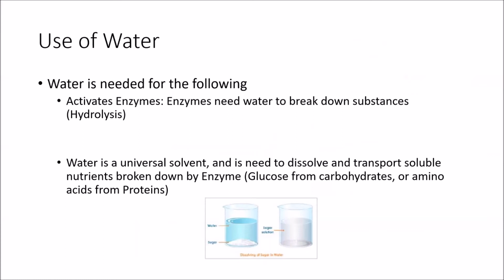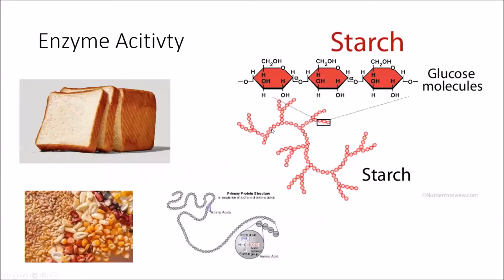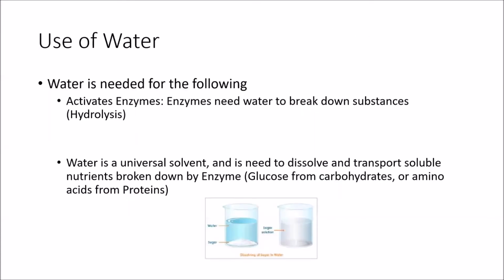One of the reasons is that one of the ways enzymes work is through hydrolysis, which is when an enzyme is going to split a large molecule, such as starch, for example, by using water. So in other words, enzymes need water in order to function. That's one of the reasons why these seeds are going to need water while germinating.